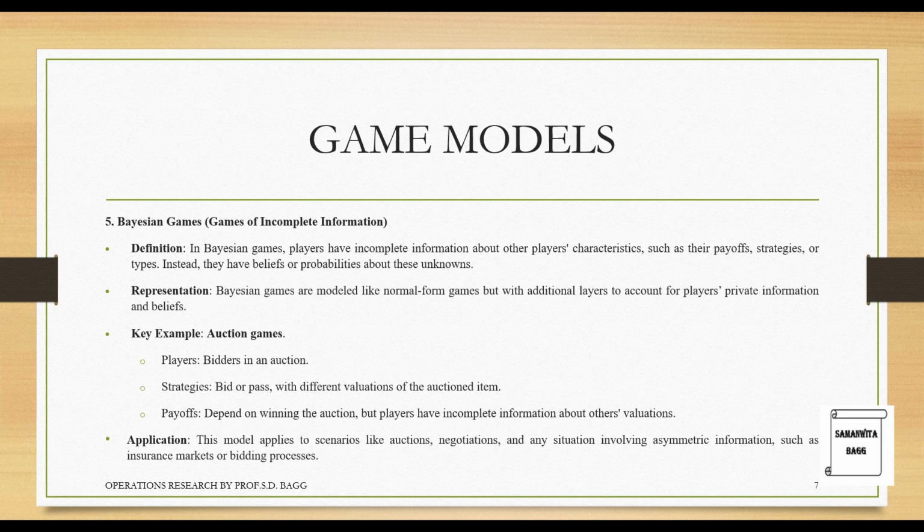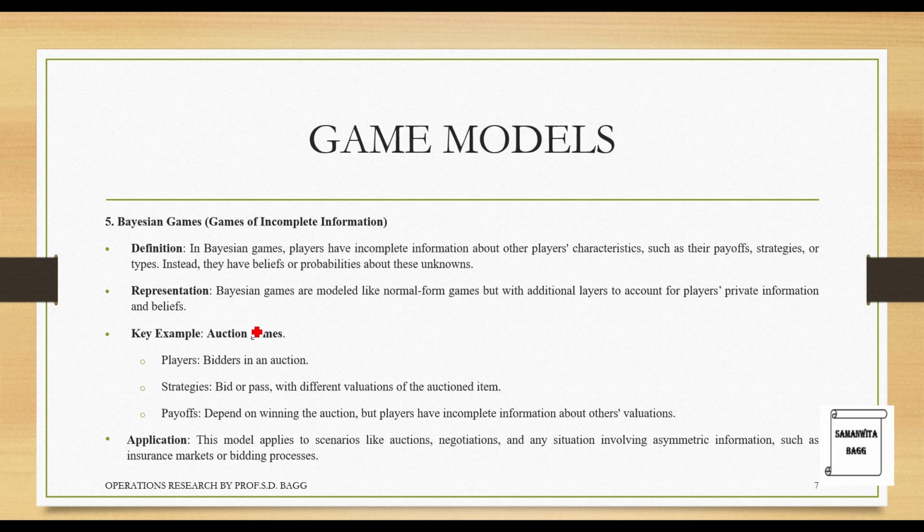The next one is Bayesian games, games of incomplete information. Definition: in Bayesian games, players have incomplete information about other players' characteristics such as their payoffs, strategies, or types. Instead, they have beliefs or probabilities about these unknowns.